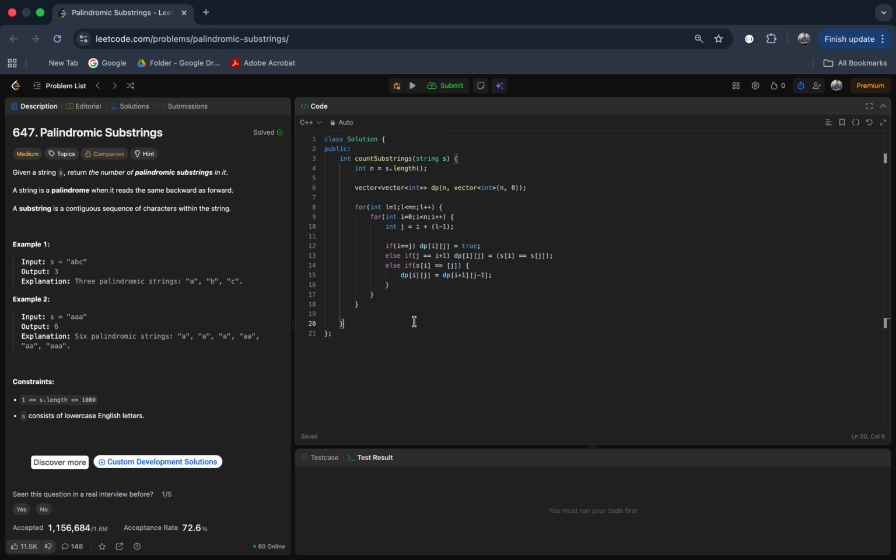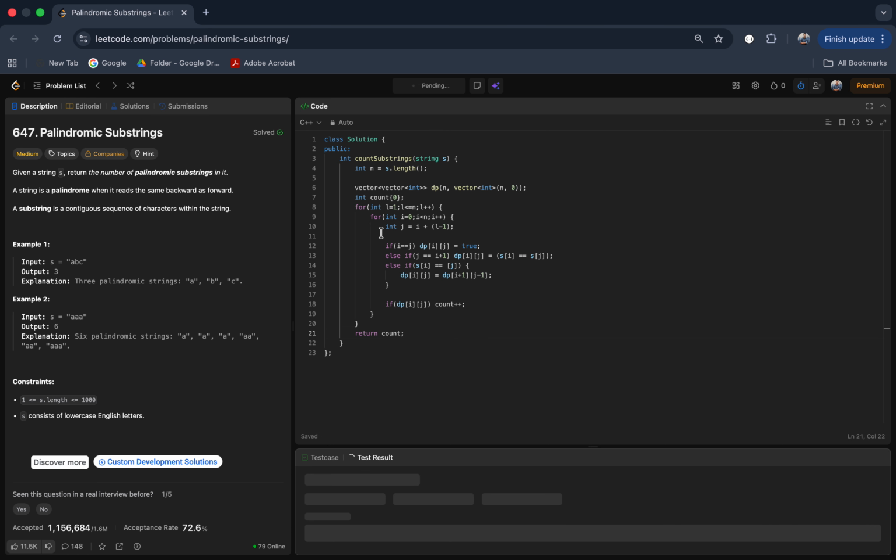And whenever we got i j, I will have one more check here: count plus plus to count the number of palindromic substrings. Int count, I will mark it 0, and at the end I will be returning count.